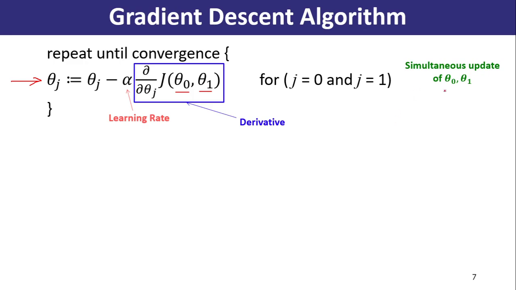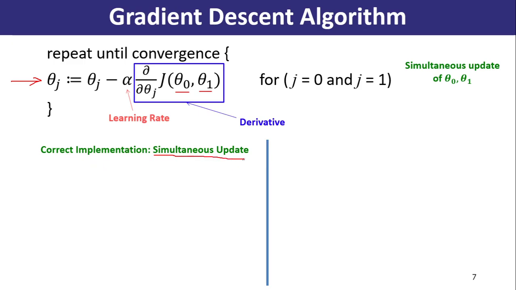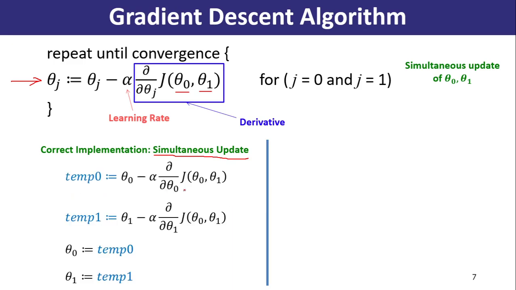Now please note that we need to update these thetas, or the parameters, simultaneously. Here is how we are going to perform this simultaneous update. The correct implementation is actually the simultaneous update. So how are we going to update those parameters?